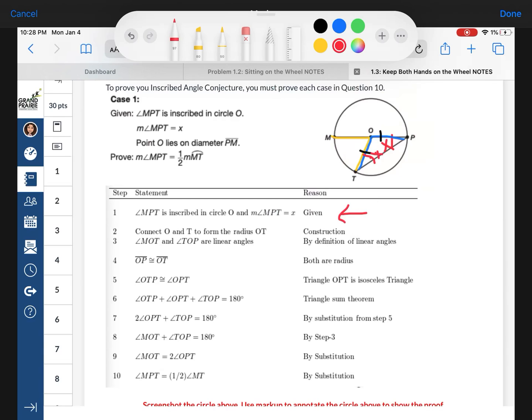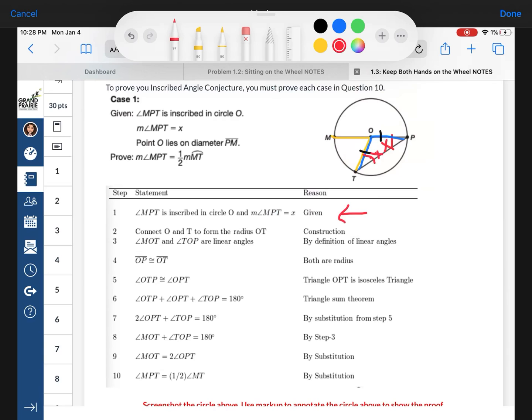And we can say this because, I'm trying to think here. Oh, okay, so it's just a restatement.